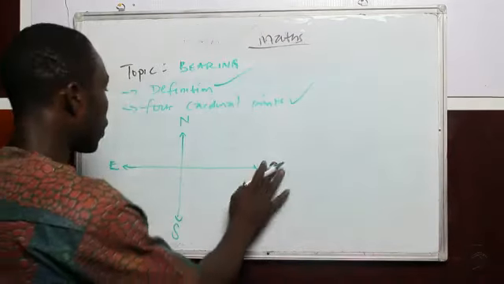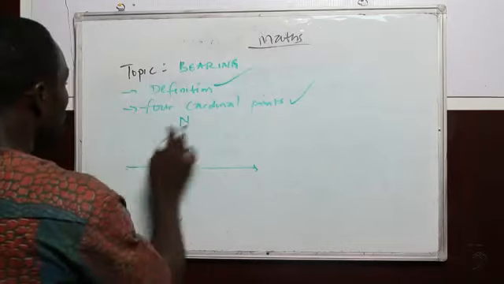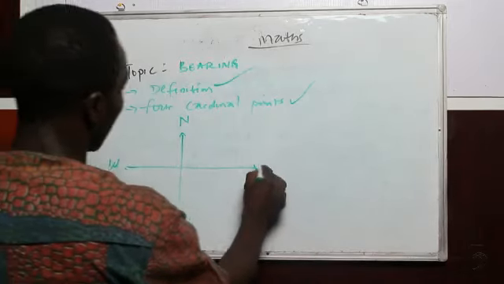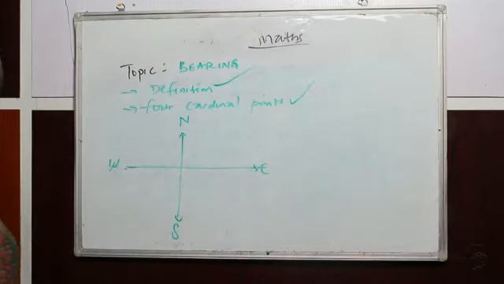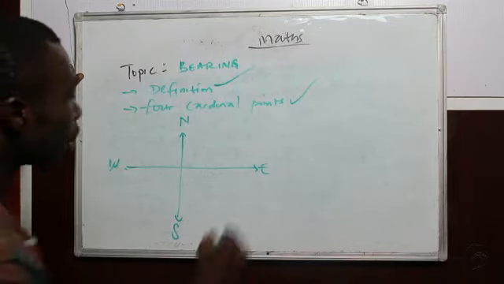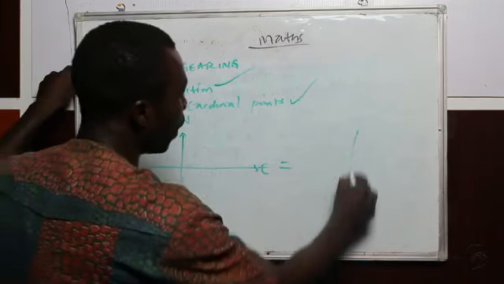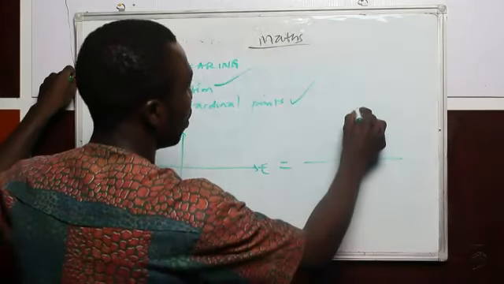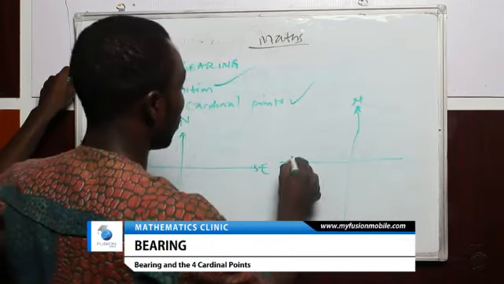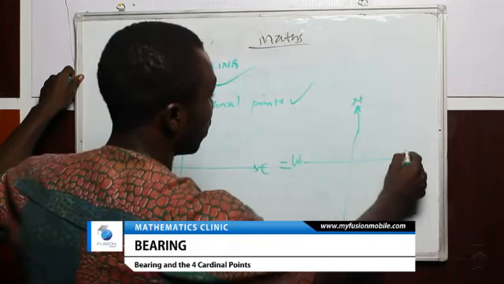These are the 4 cardinal points we have, which can also be simplified as this. We have north, south, west, east.